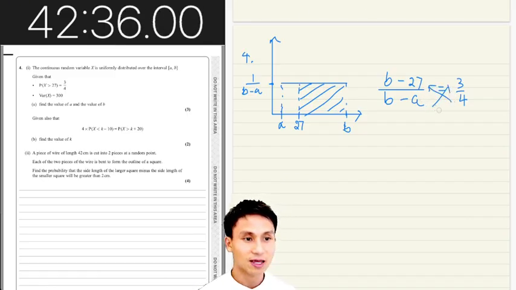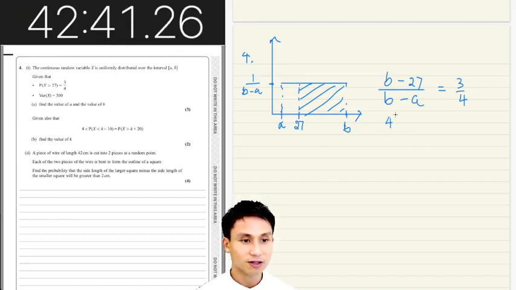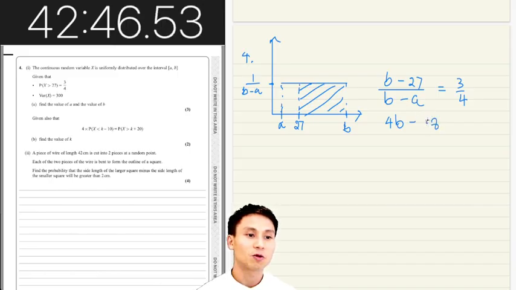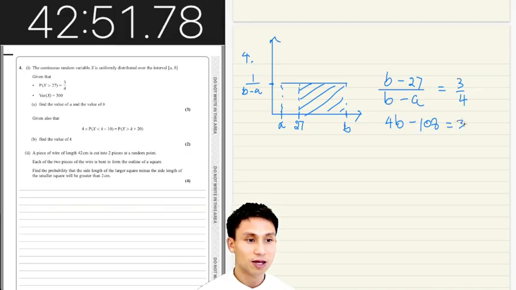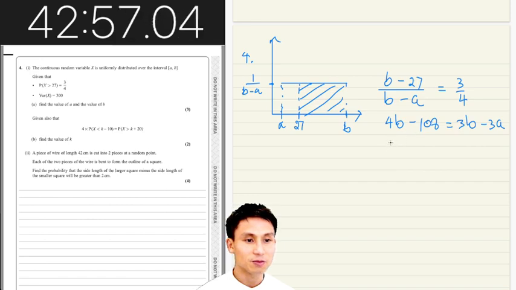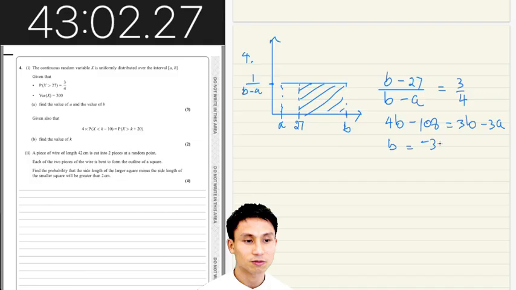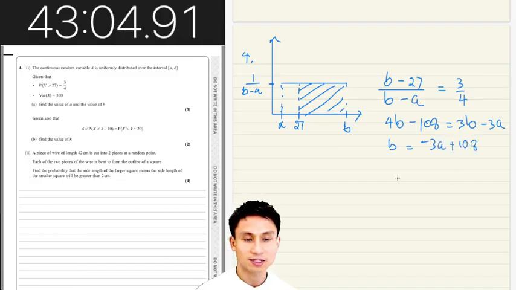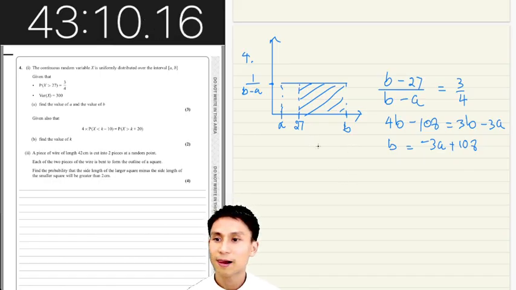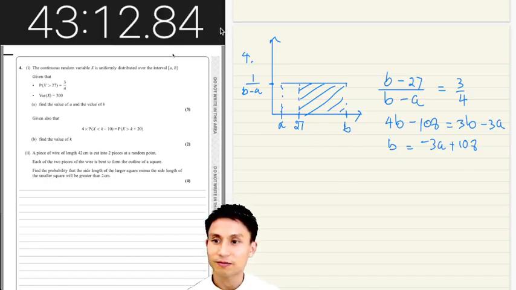Very easy technique to simplify the algebra. So 4 multiplying the left part, 4b minus 4 multiplied by 27 would be 108, right? Equals b minus a multiplying up there, I get 3b minus 3a. So simplifying, b moved to the left, I get b as the subject. 108 moved to the right, I get b equals minus 3a plus 108. That's the first equation.